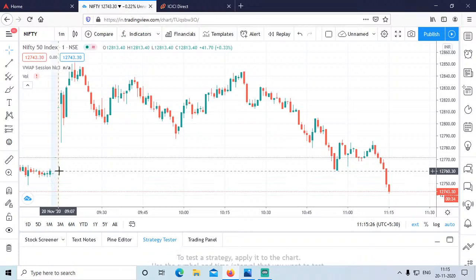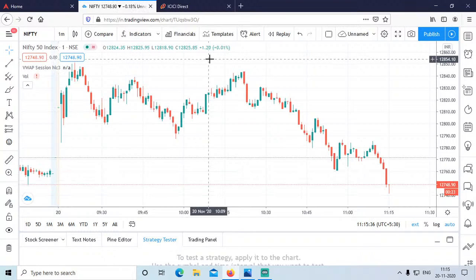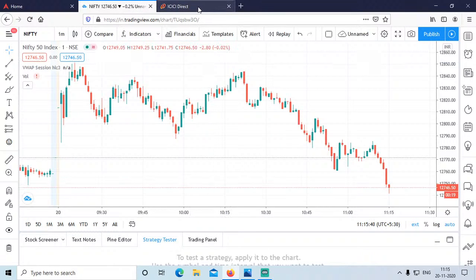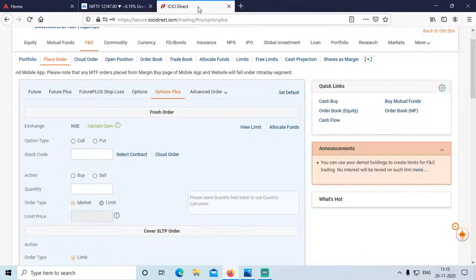The market is drastically going downwards. We thought of doing the trading, but the market is in a very bad condition. Market should not go this much drastically down. Anyway, let's look at this ICICI Direct.